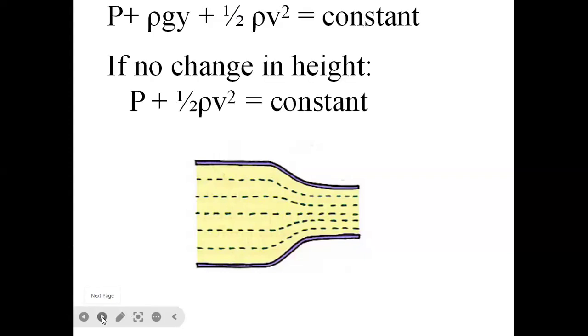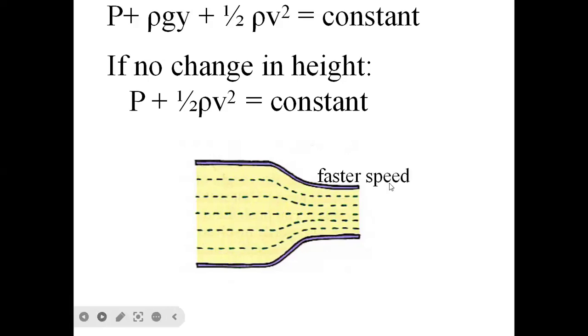So if there is no change in height, then this will be constant. This is the kinetic energy, and this is the total pressure. So for no change in height, potential energy will be 0. So this is the constant for this case.